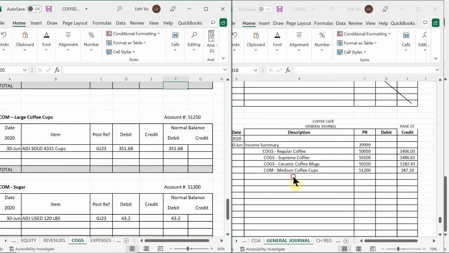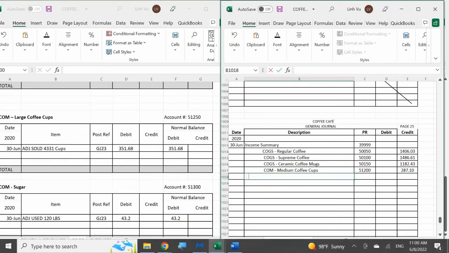Okay. Next is going to be the cost of materials for the large coffee cups. Account number 51250, and we have a credit balance of $351.68. Okay.